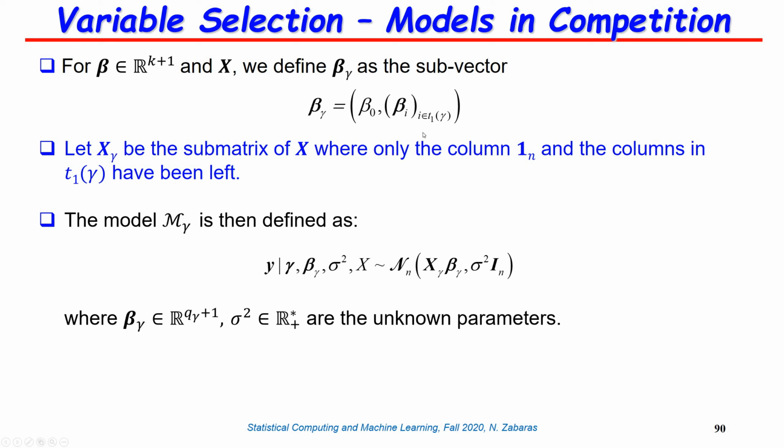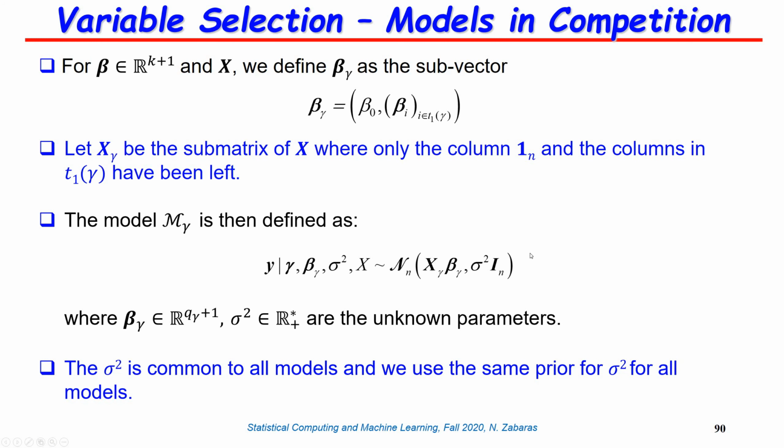And I remind you this beta gamma is of dimension q gamma plus 1, where q gamma is the total number of variables in the model, and plus 1 to account for the bias term beta 0. All right, now this is the likelihood model for this model M gamma, again indexed by this set gamma.